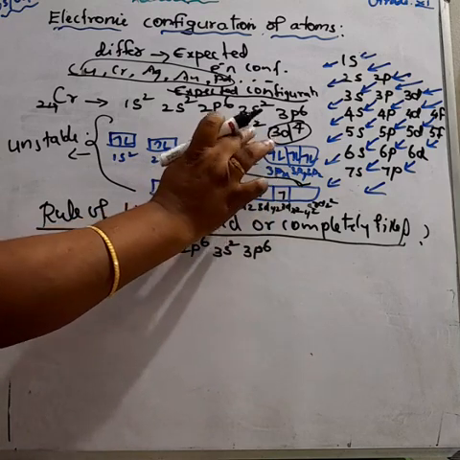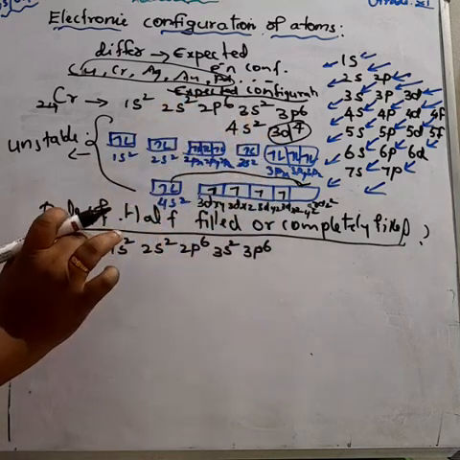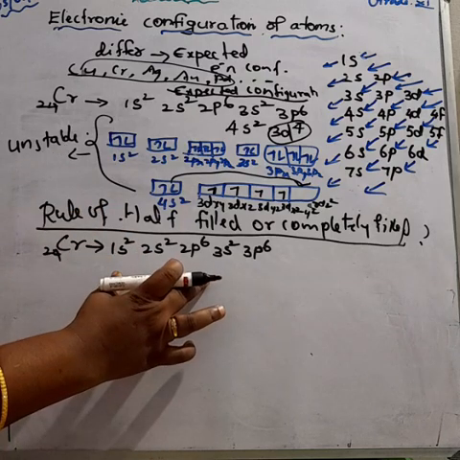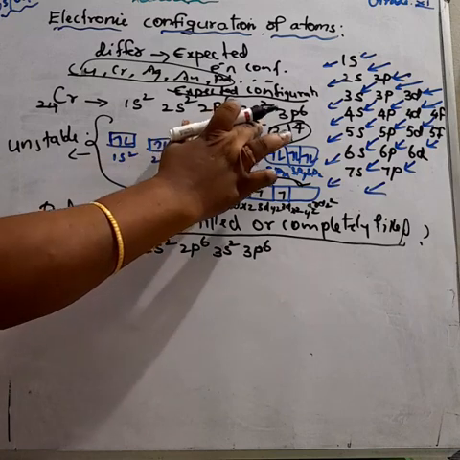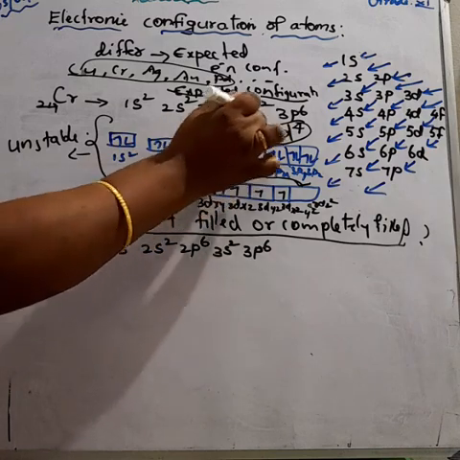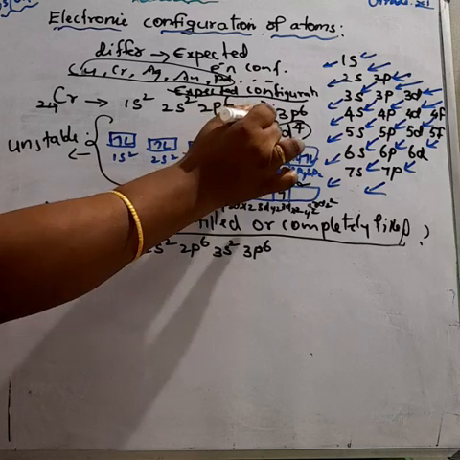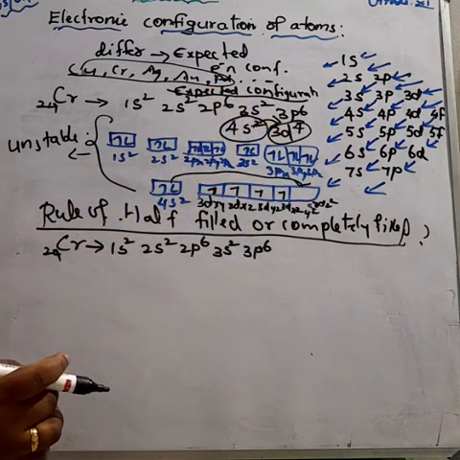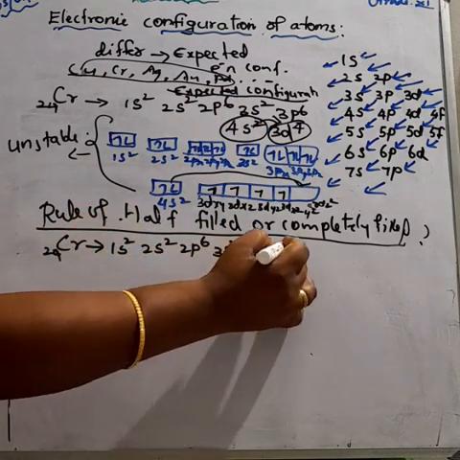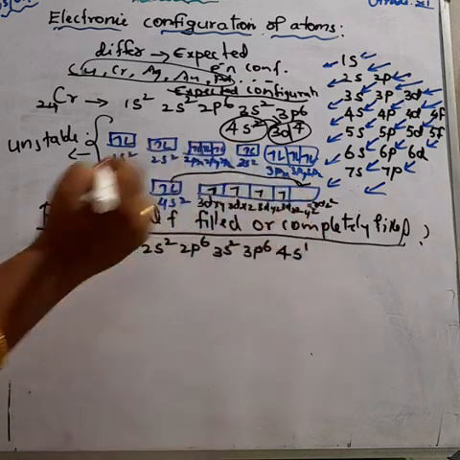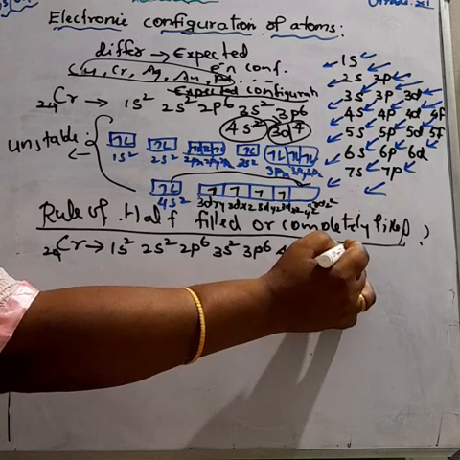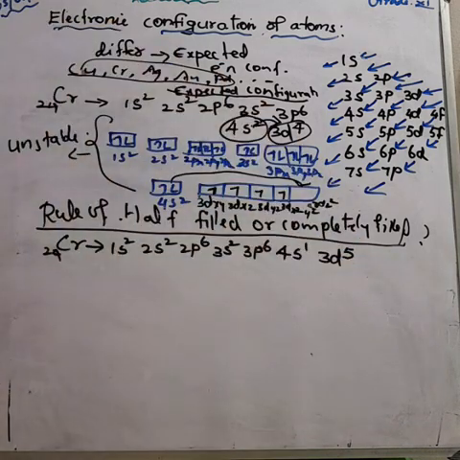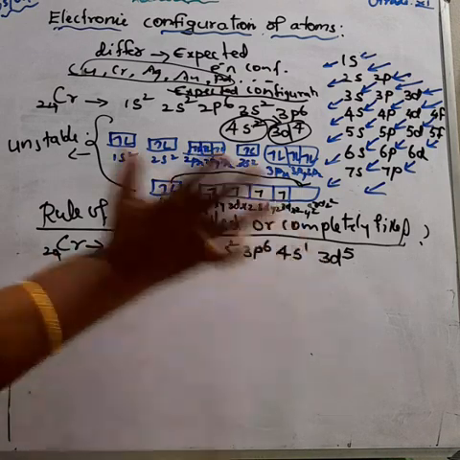This is the expected configuration, but for more stability, 1 electron from the 4s orbital is shifted to the d orbital. So the 4s orbital keeps 1 electron, and this 1 electron goes to the d orbital. So the d orbital gets 3d5 and attains the stable configuration.